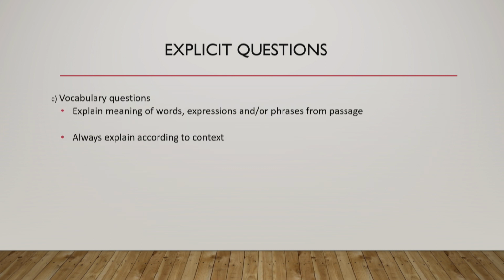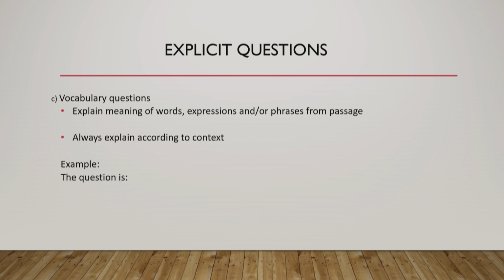Next, we need to tackle the vocabulary questions. You will be asked to explain the meaning of words, expressions, and or phrases from the passage. Words should always be explained according to the context.